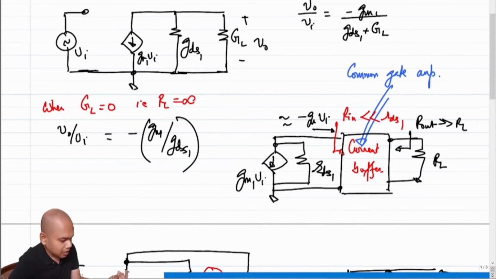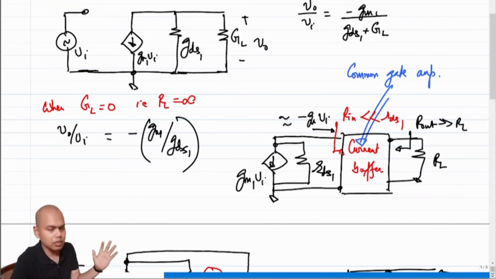So what does this mean? It essentially means that even if your load is infinite, you are not getting infinite gain. In an ideal common source amplifier, if it were an ideal voltage controlled current source, then if RL were infinity, the voltage across that infinite load should also have been infinity. But clearly that is not possible because the transistor doesn't have an infinite output impedance.